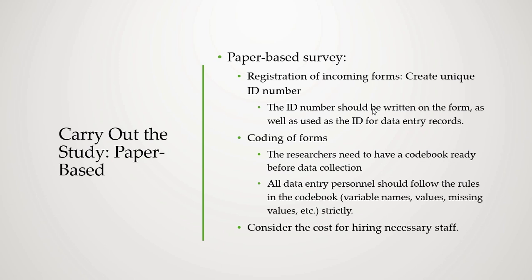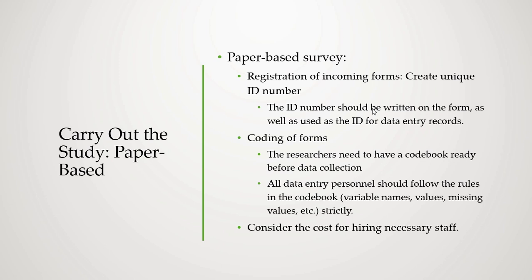The second thing is to prepare a codebook. If the data are collected on paper, they need to be entered into a computer file. A system needs to be developed for coding the information and entering it into the computer in a consistent format. This system should be compiled into a codebook, and everybody who will be part of the data entry needs to follow the codebook and stay consistent on the task.